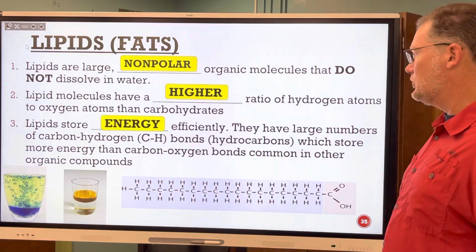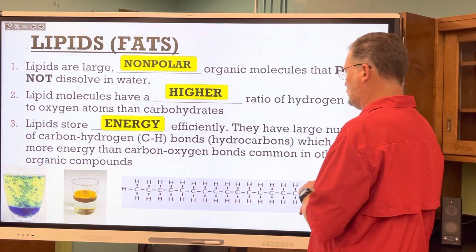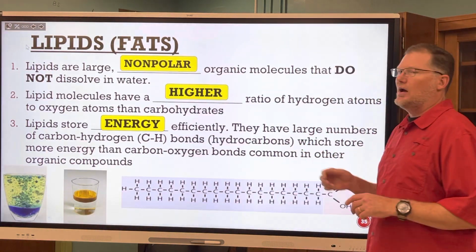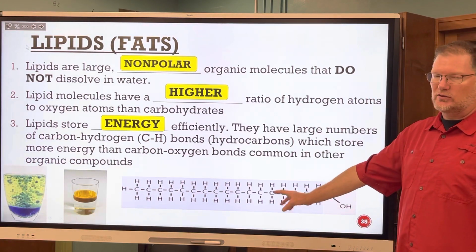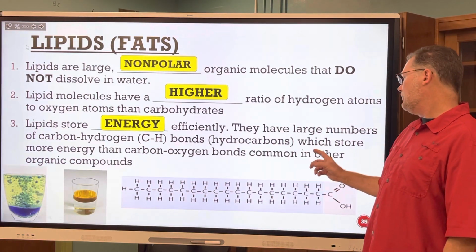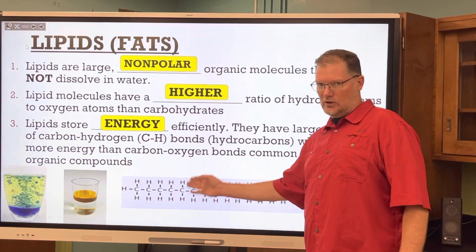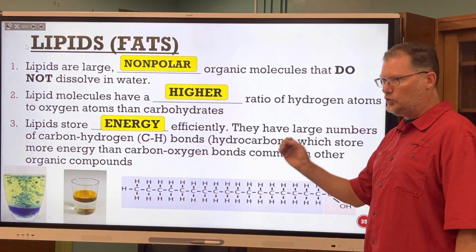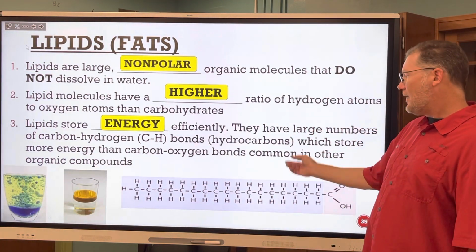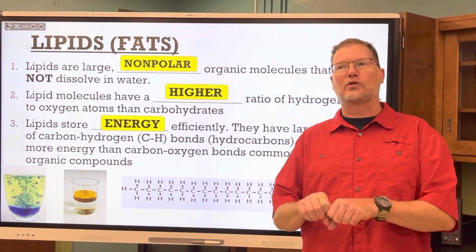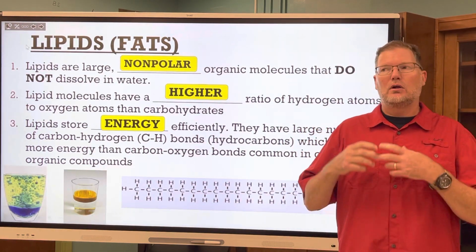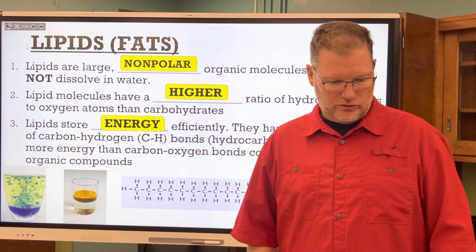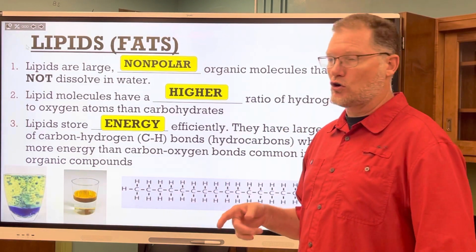And of course, lipids store energy very efficiently. They have large amounts of these CH bonds, these carbon-hydrogen bonds, hydrocarbons. Each one is a hydrocarbon, each little unit of that. And they store a lot of energy in those bonds. So you have to break those bonds down, and it would release more energy. So that's why fat is long-term.